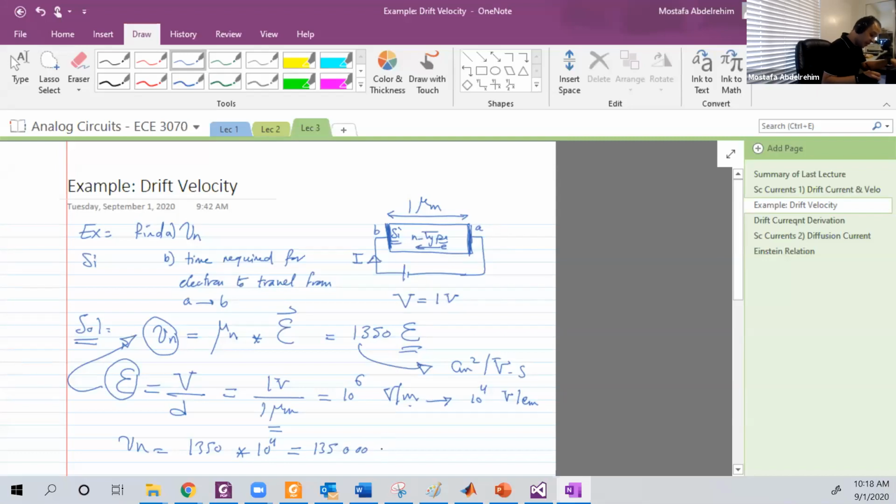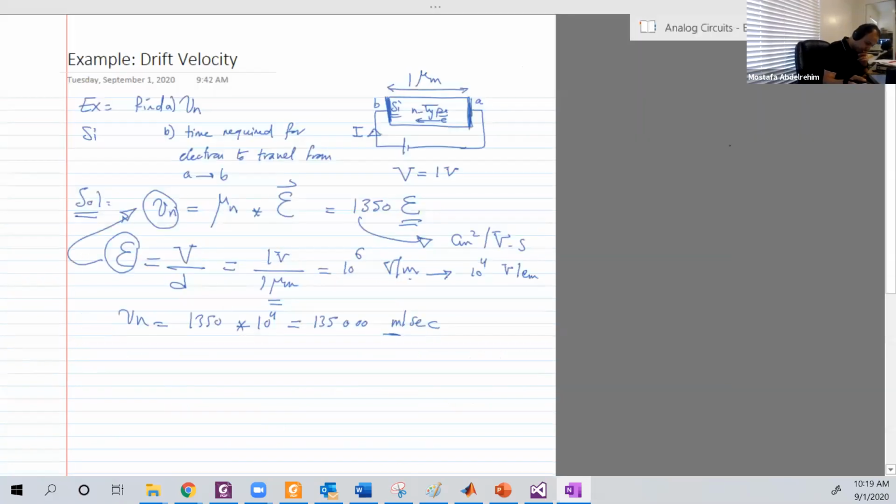Oh, we made it again with meters, but anyways, that's fine. Meter per second. Anyways, this is just a matter of dimensions, meter, centimeter, but it's preferable always to have centimeter dimensions. Okay, good.